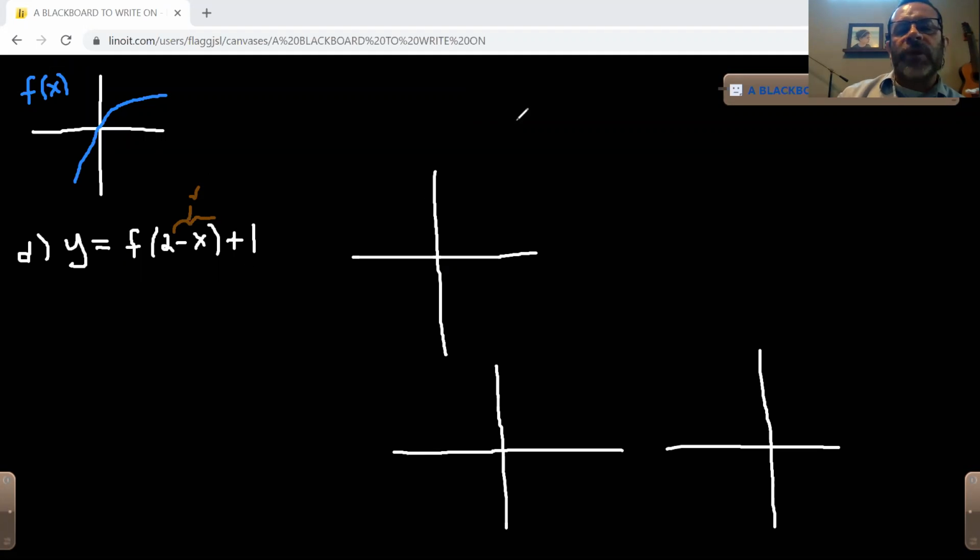Okay. And what did we say we were going to do when we had that situation? We're going to rewrite the function just so that negative is clear, and we do the shifts. We do the shifts and whatever reflections and things we're doing, we do that correctly. So I'm going to say f of, I'm going to bring a minus out. And if I bring a minus out, this would be x minus 2.